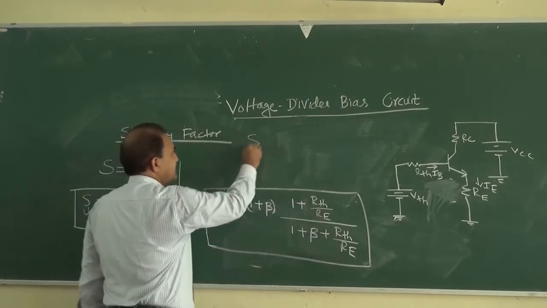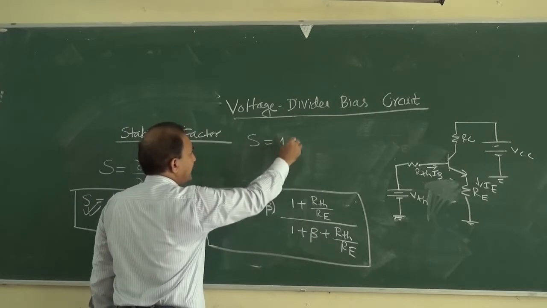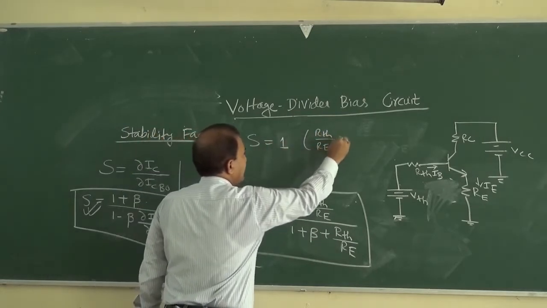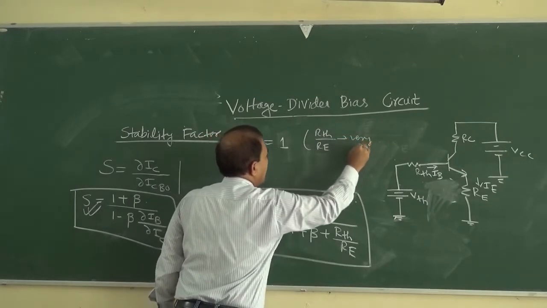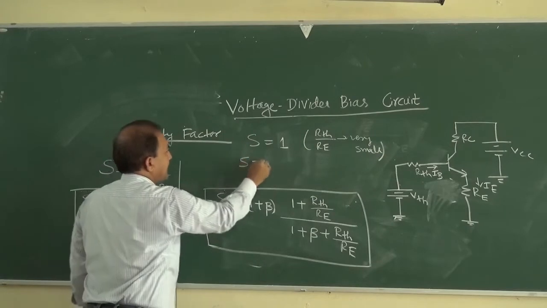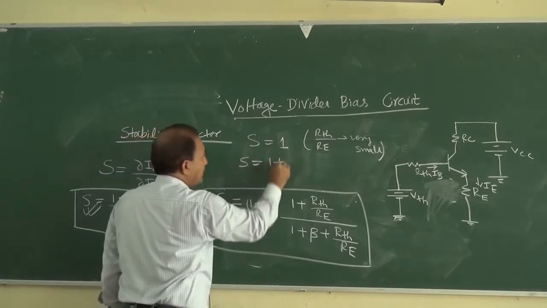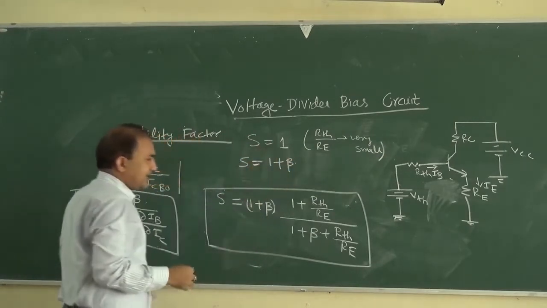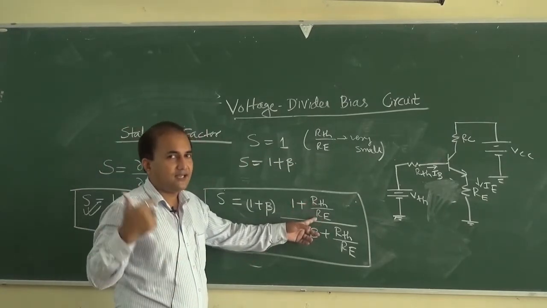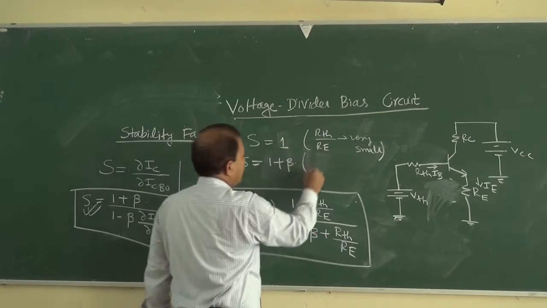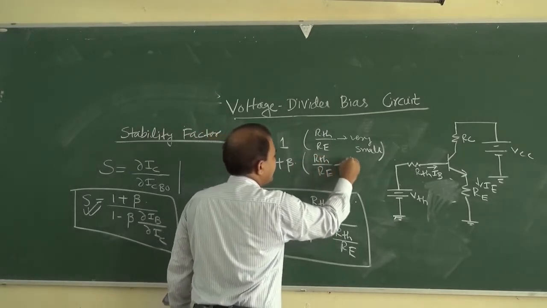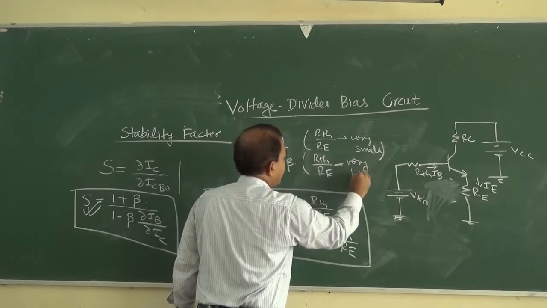So in that case S will be equal to 1 when the ratio Rth by Re is very small. Then S is equal to 1 plus beta when Rth by Re is very high.